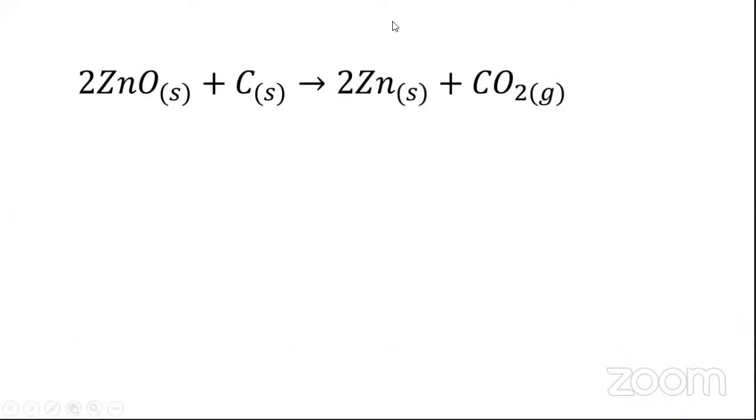So that is the reaction equation. We are having zinc oxide reacting with carbon. Then zinc oxide will be reduced to zinc. This means that carbon took away the oxygen, or we can say it removed the oxygen.